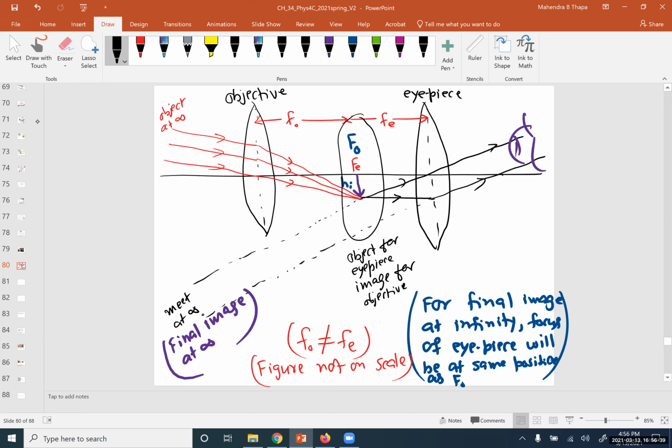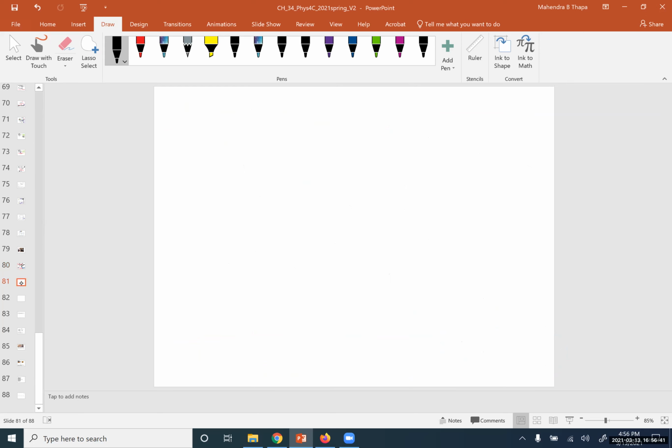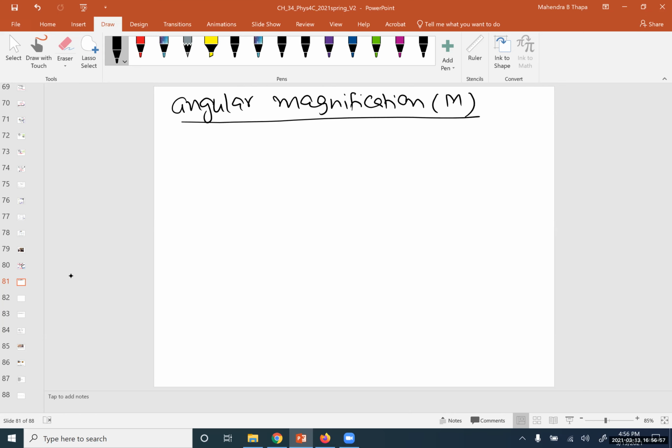Again, our goal is to find the angular magnification. So m, again, we need to figure out as theta for the image over theta for the object.